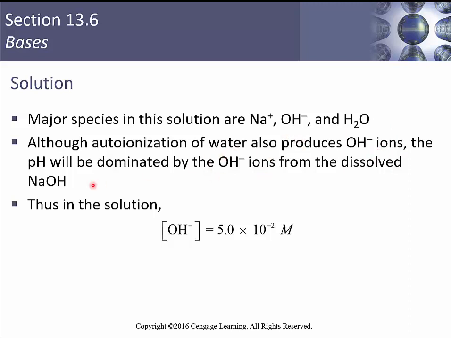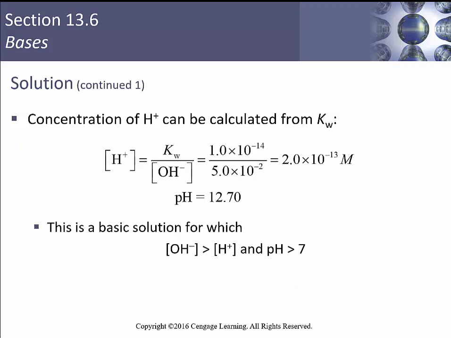So in solution, our hydroxide ion concentration is going to be the same as the sodium hydroxide concentration. Might be a little bit more because of the water, but you're talking like 5.00001. The concentration of H plus we can get from Kw. So H plus is equal to Kw over OH minus.